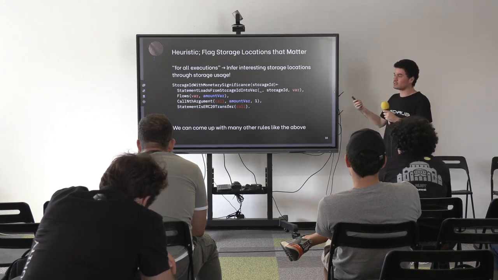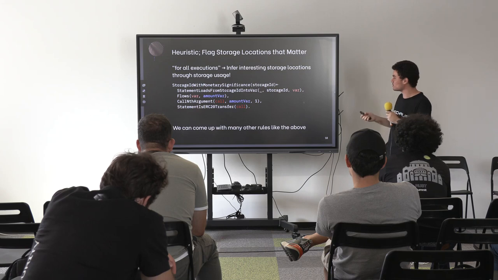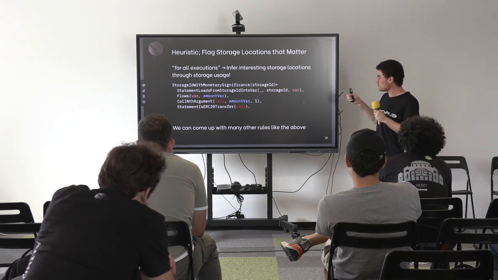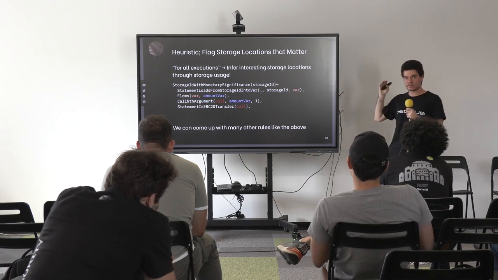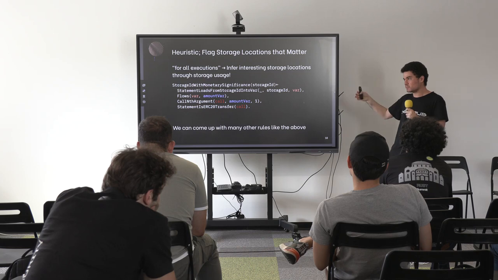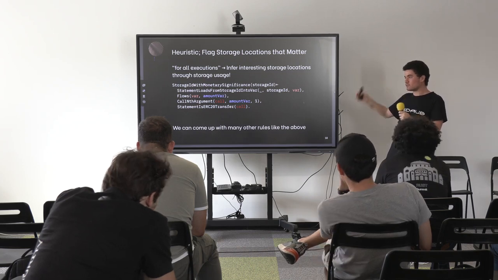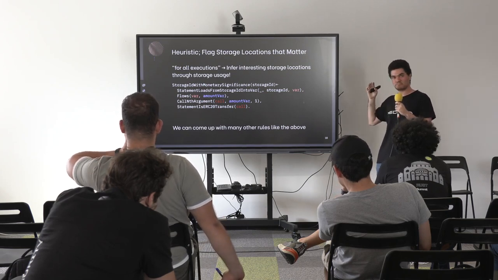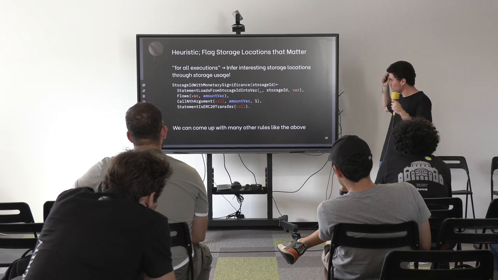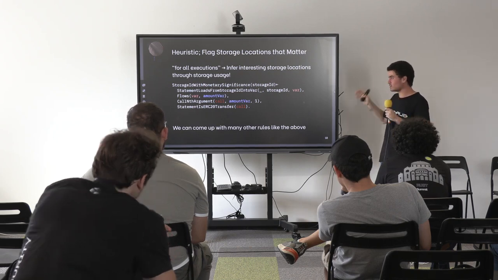So it is a sensitive one and one we should care about. We can come up with many heuristics like the above. So for instance, we can talk about arguments of withdrawals or redemptions. All those arguments are monetarily significant. So we could be flagging multiple storage locations.